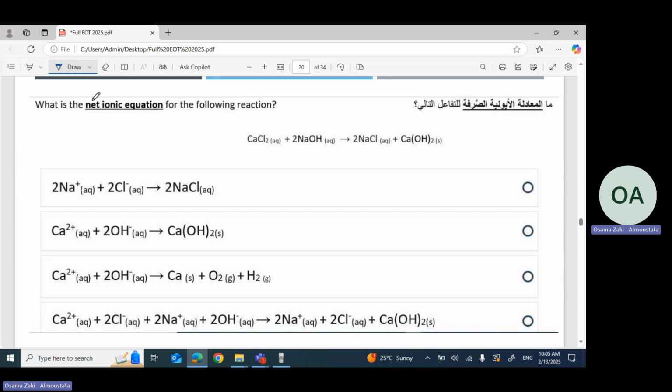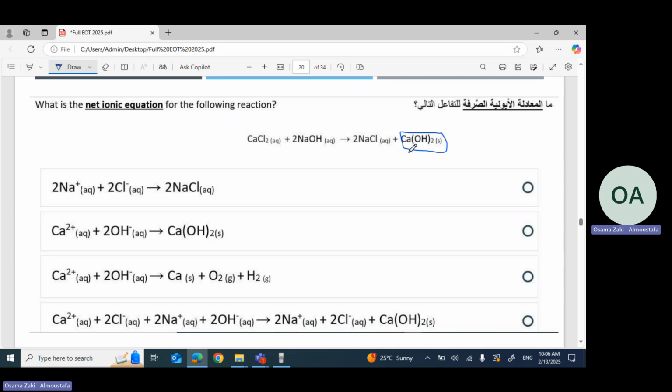If they ask you about the net ionic equation, just go to the products and find the chemical which is solid or liquid or gas, not aqueous. So where's the solid or liquid or gas? This one, in the products.